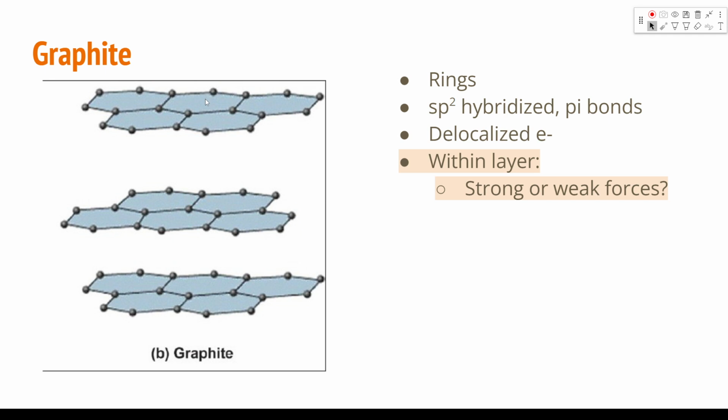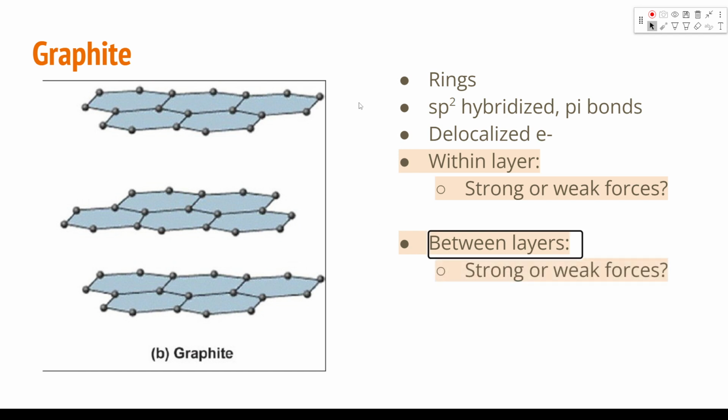Covalent bonds are strong, so therefore it's strong because it's covalently bonded. Now, between layers, these can interact in some capacity. They are not bonded. They are layers. So when you're writing, you have layers of graphite. So between layers, do we have strong or weak forces? Think about it, and then I'll answer.